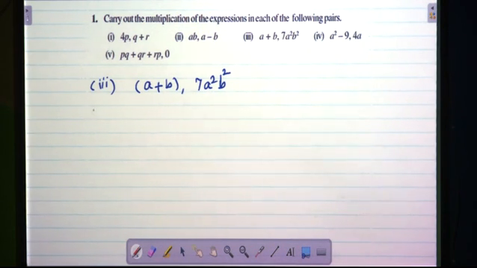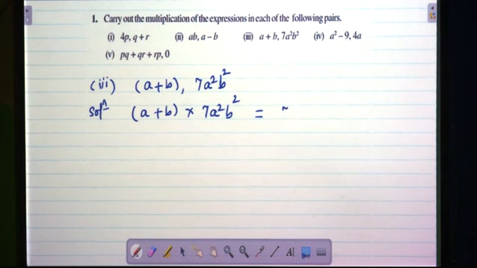How to solve it? First expression a plus b multiplied by 7a square b square. As we have seen in the previous session that this can be written as 7a square b square multiplied by a plus b inside the bracket.